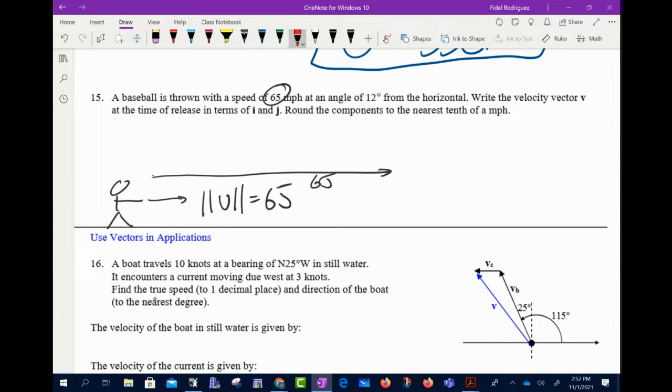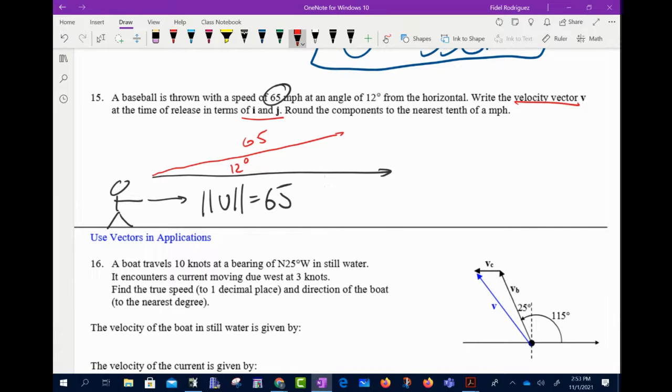So I'm going to draw it so it looks like this. That's my 65, and our angle is 12 degrees. So what we want to do is write the velocity vector v at the time of release in terms of i and j.